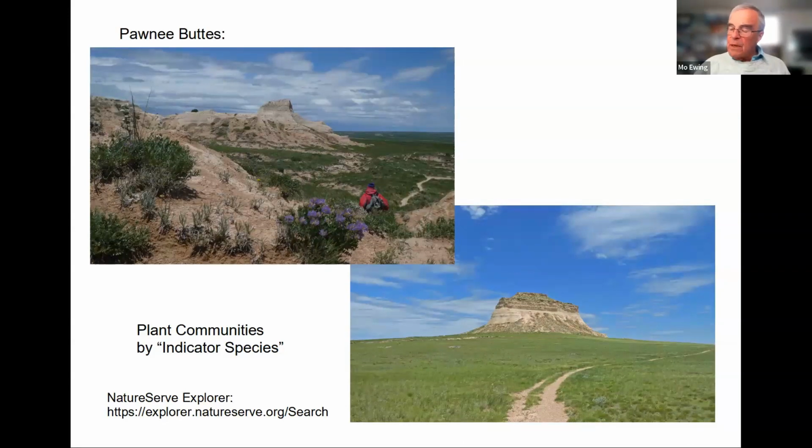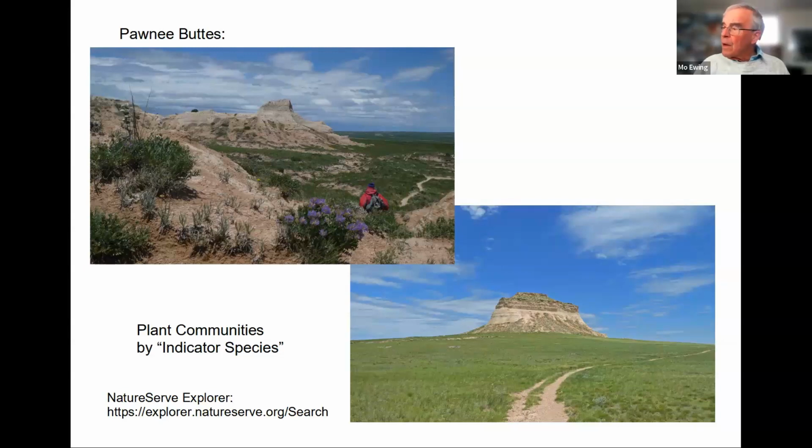They've done this because the Nature Conservancy and other conservation organizations wanted to identify communities of plants that occur together again and again, so they're recognizable.